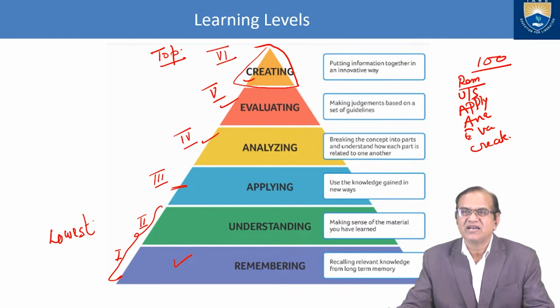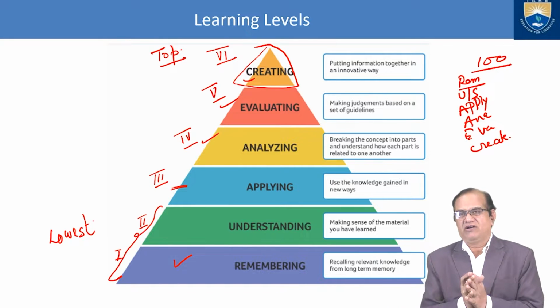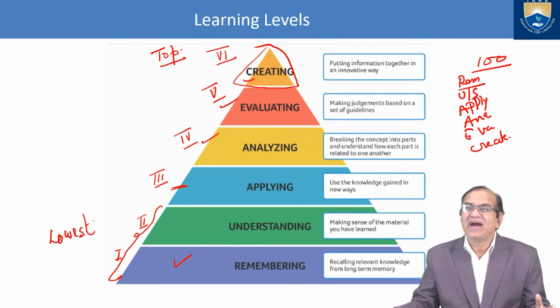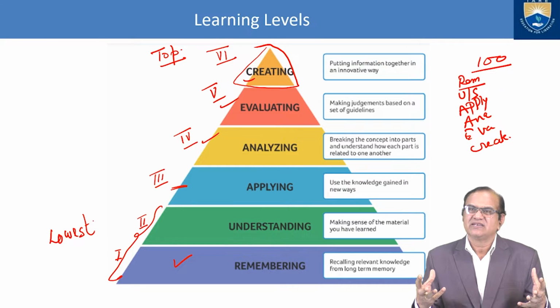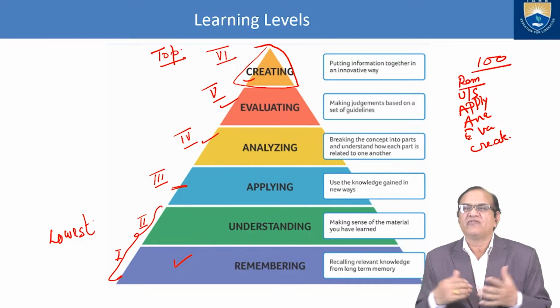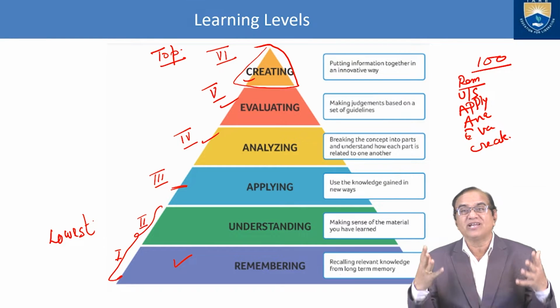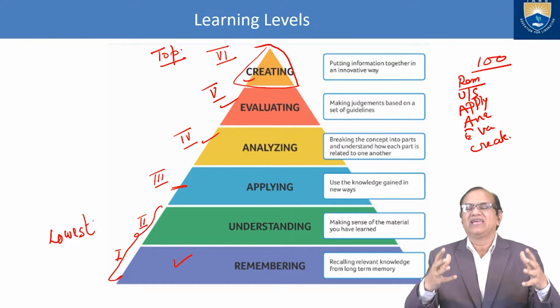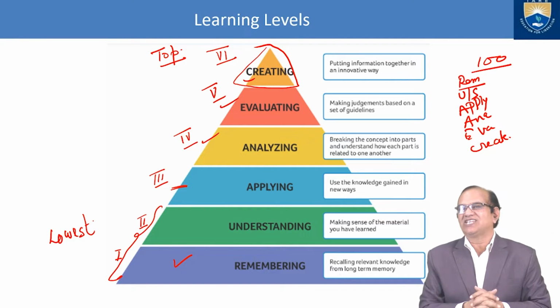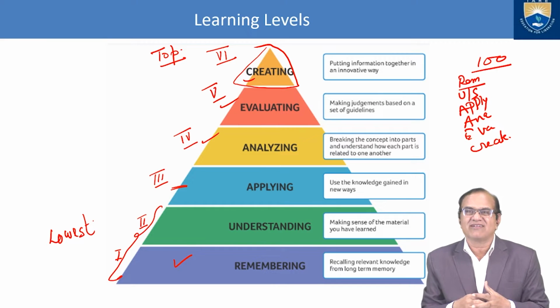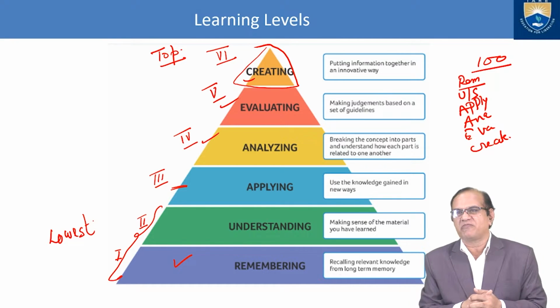The third level is applying. Use the knowledge gained in new ways. So you have learned Boyle's law and Charles' law, and by this, how engines are made, how refrigeration and air conditioning are made, or how an aircraft is flying by use of Newton's second law and third law, how the rocket is flying, and how in a new way you can make it so that in place of going in this direction, you can change this direction, or you can reduce the fuel consumption, or you can do some new modification.